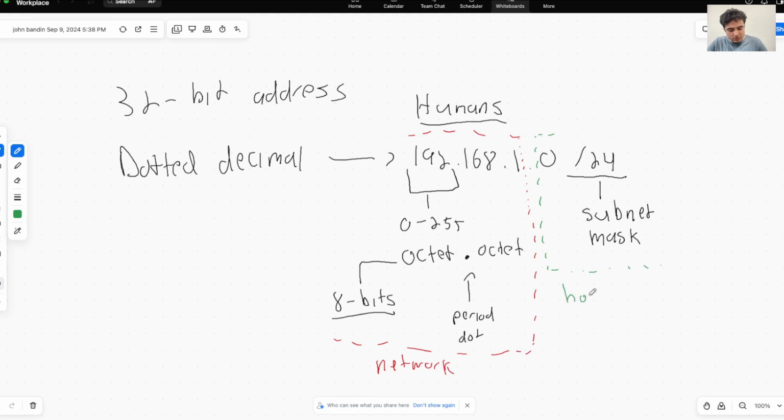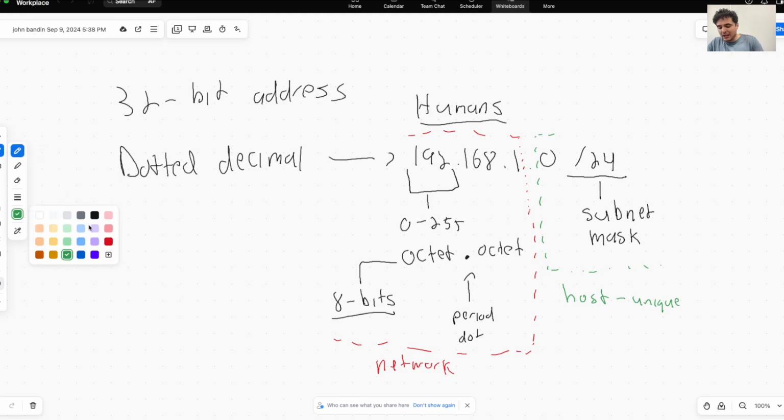We're going to break this down further. But what you need to know is that the subnet mask is there to define, hey, these are the octets, the binary that belongs to the network. And then this host portion is what's going to be unique to each device.